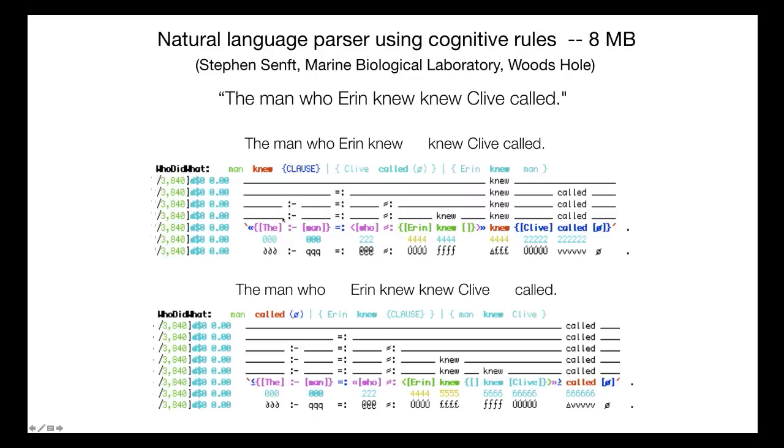So the man, if you look down at this level, the man is a component of something. It's a component of who Aaron knew. Who is a component of Aaron knew, because Aaron knew this guy who. And the man is a component of all that, and it's a component of the who, etc. So it's all built in there.